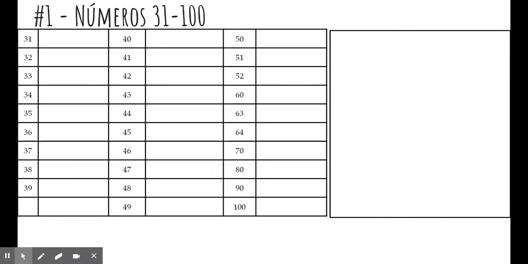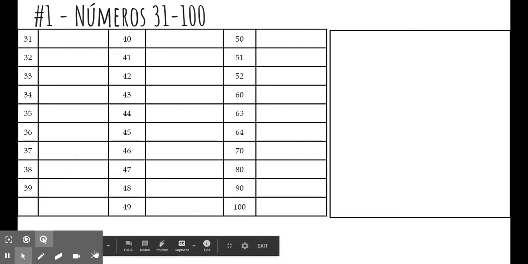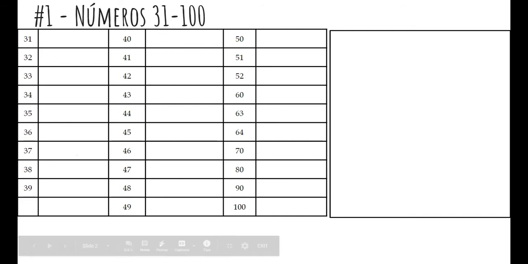This could be fun. All right, so numbers 31 to 100. We're going to look at those first. So if you've been wondering how you might do bigger numbers, by the end of today, in theory, you will be able to go up to 999,999,999.